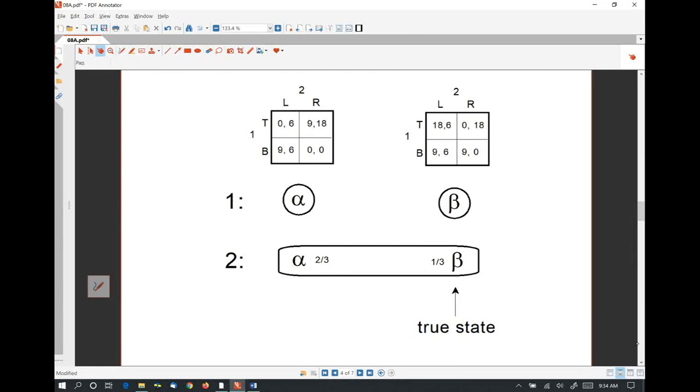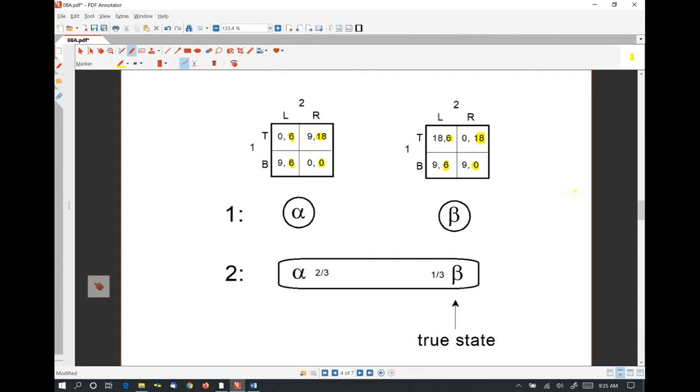Let's see if there is anything else that is common knowledge among the players. Let's now look at the payoffs of player 2. The payoffs of player 2 are, from TL, TR, BL, BR in that order, 6, 18, 6, 0 in the game on the left, and also 6, 18, 6, 0 in the game on the right.